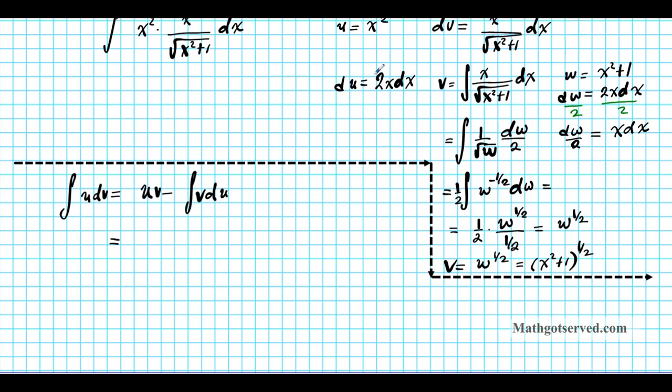We know that u is x squared. V, which took us so long to find, is x squared plus 1 raised to the 1/2. So that's uv minus the integral of v, which is x squared plus 1 raised to the 1/2, times du, that's 2x dx.